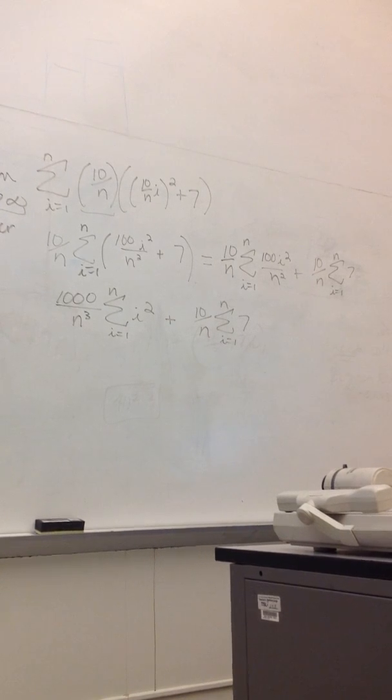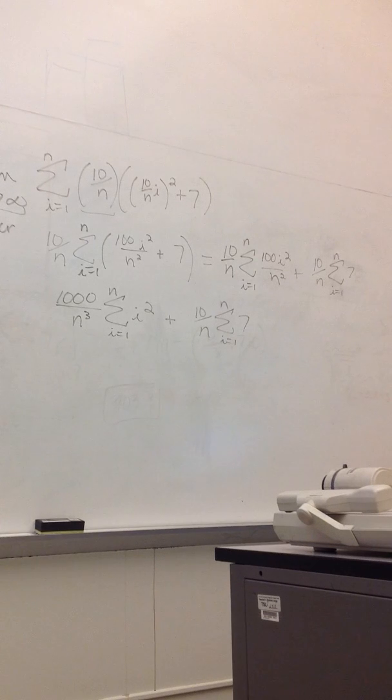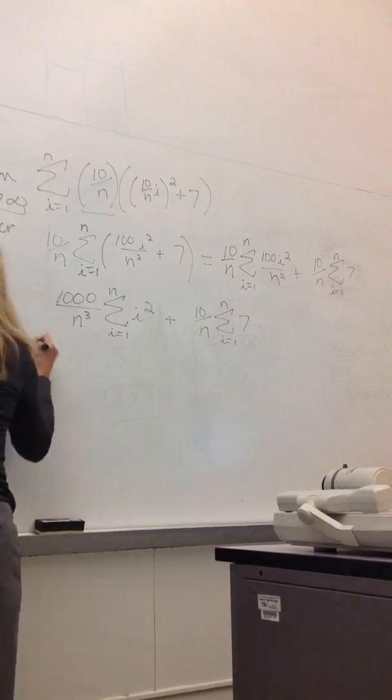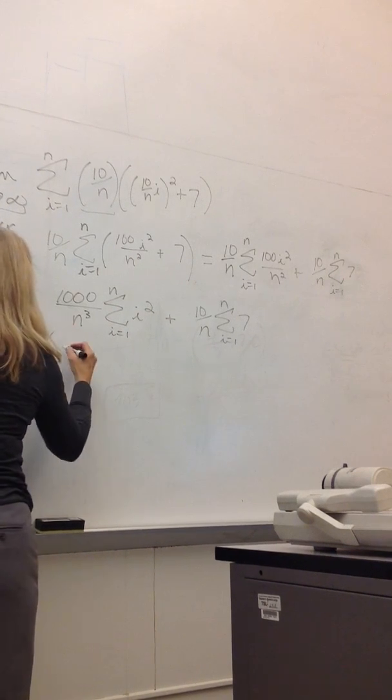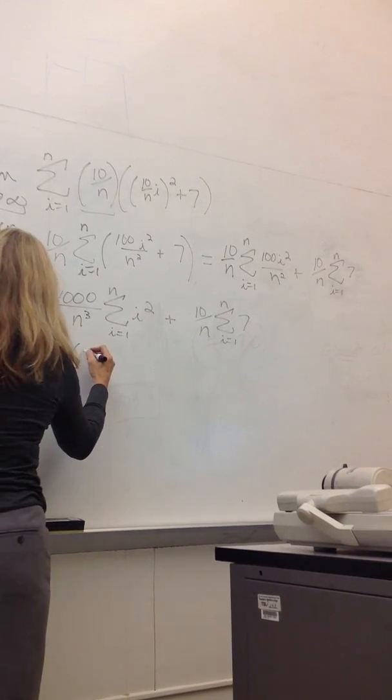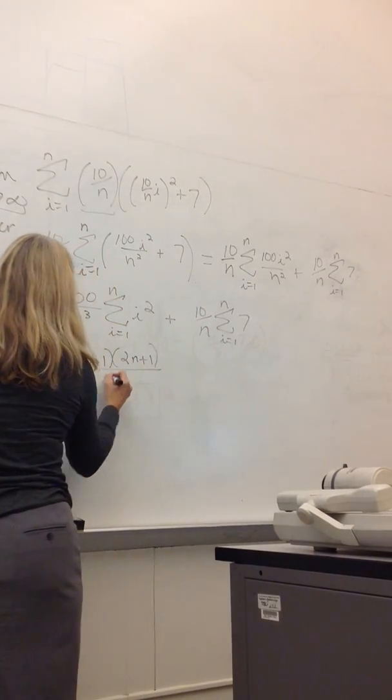If I add 1 squared plus 2 squared plus 3 squared and so forth up to n squared, the final answer is going to be equal to n, whatever n I'm stopping at, times n plus 1 times 2n plus 1 divided by 6. Okay, so this is going to get replaced with n times n plus 1 times 2n plus 1 over 6.